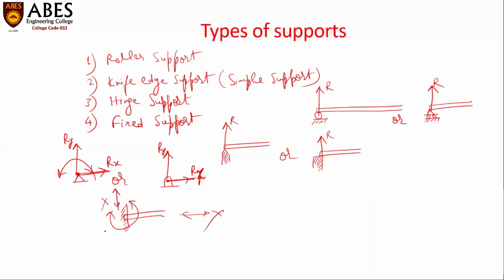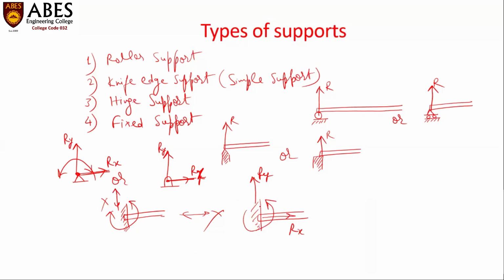So all three possible movements in the plane are stopped by this type of support. So there will be three reactions. In case of fixed support, we can observe Rx, reaction along x-axis, reaction along y-axis, and there will be a reaction moment which may be clockwise or anti-clockwise.